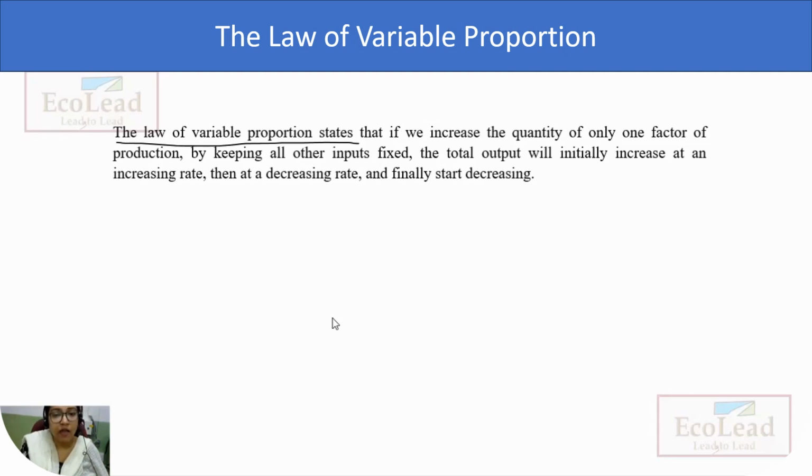that means here as per the example, here we have taken the production function as Q equal to F of L and K bar, the short run production function, right? Now here let us try to relate this definition of law of variable proportion with the production function.